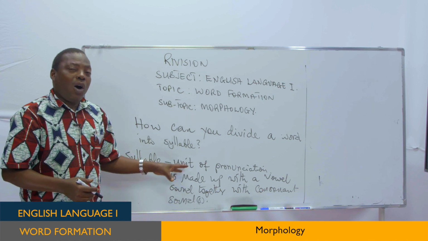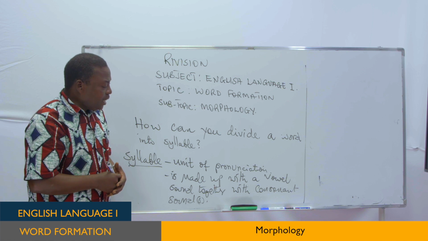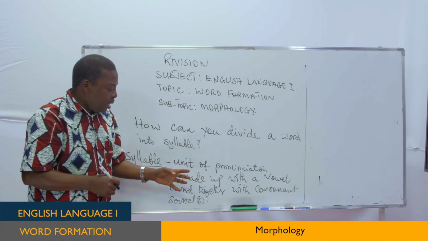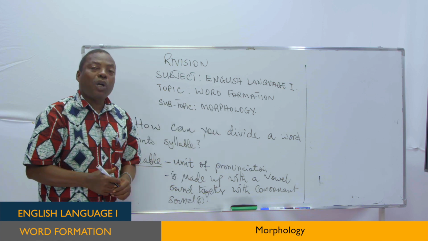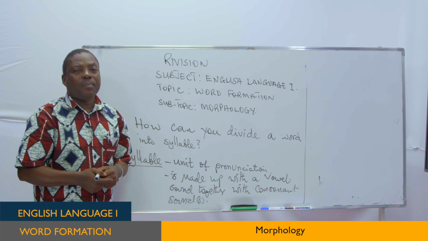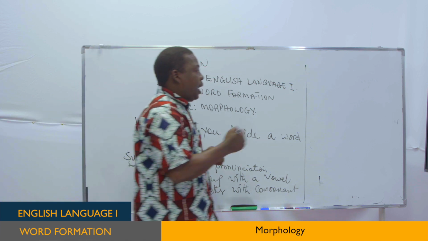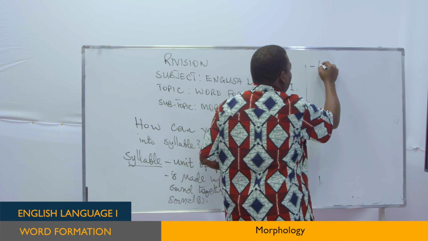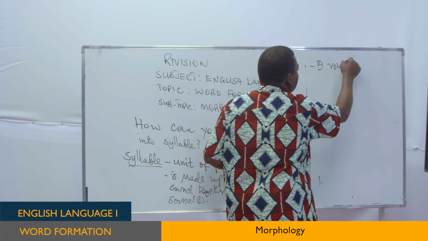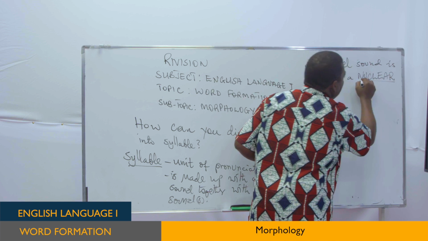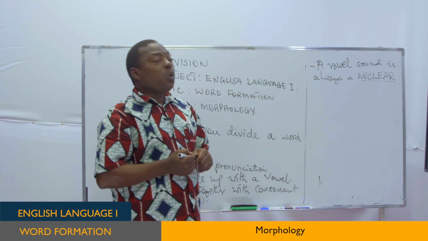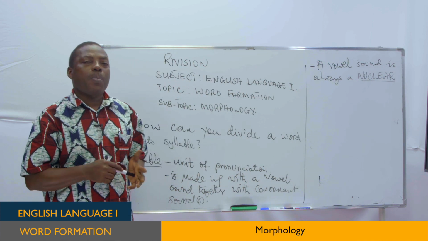But this structure is not necessary, as a syllable can also be made up of consonant sounds. In simple terms, we talk about a vowel sound. A vowel sound is always a nucleus of a syllable.